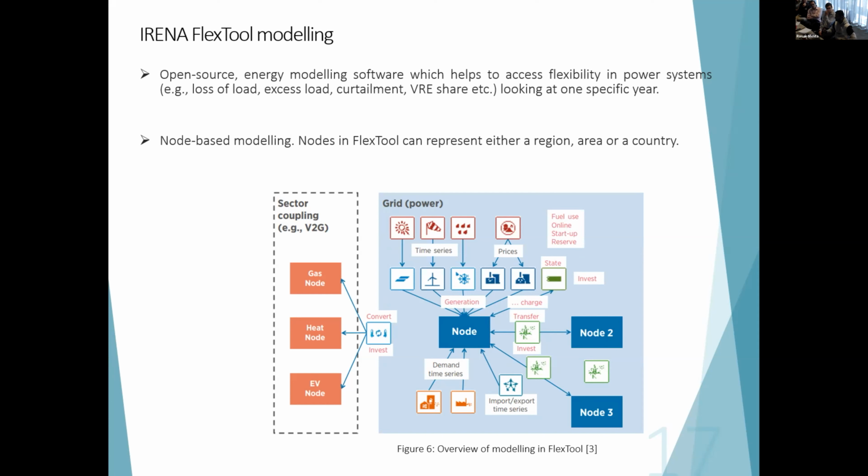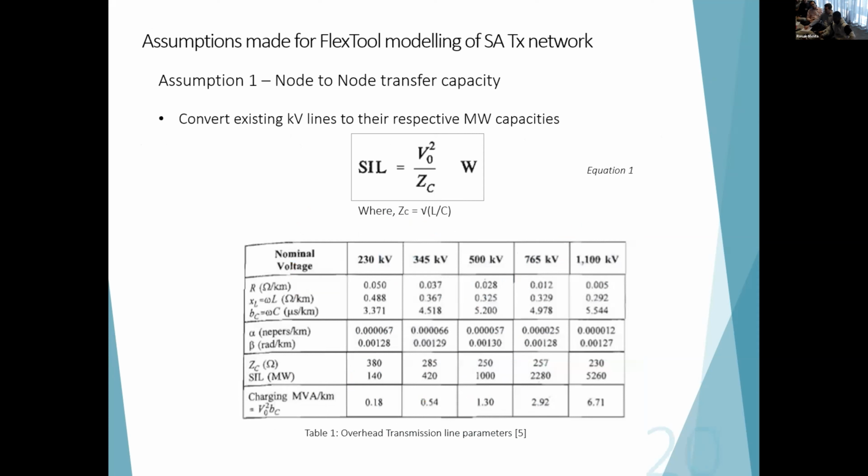Those 11 supply areas are the 9 provinces plus the Peli and Hydra cluster. For each of those nodes, you can specify its generation, its demand time series, coal prices as well, and the node-to-node transfer between those supply areas. However, in Flextool, when we have those node-to-node transfer capacities allocated, it only allocates them in terms of megawatts.